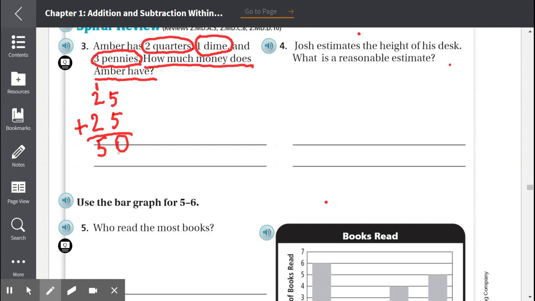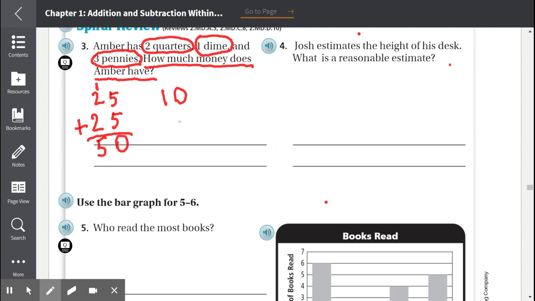Now she has 1 dime. We know that 1 dime equals 10 cents. So if we add the dime to the amount of pennies she has, 3 pennies. So she has 1 dime equals 10 cents, and she has 3 pennies, and each penny equals 1 cent.